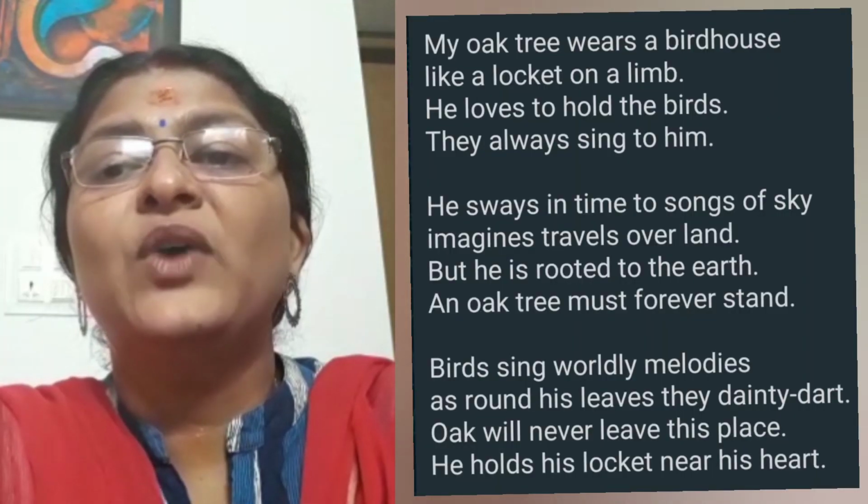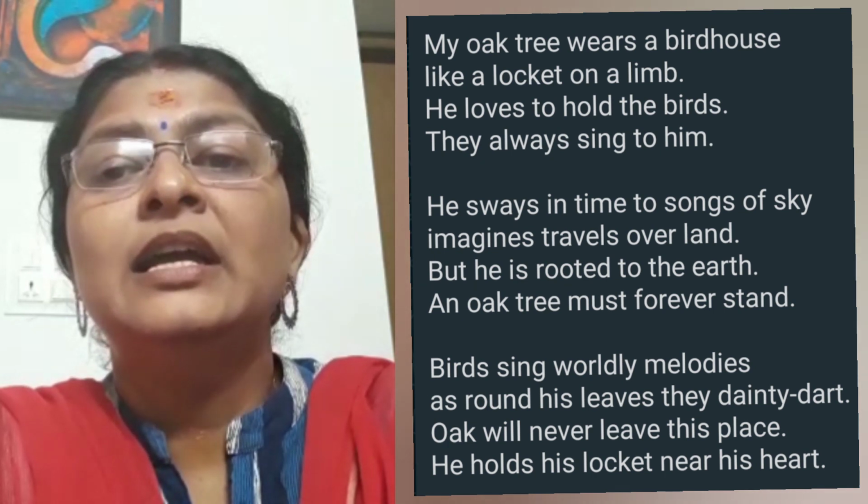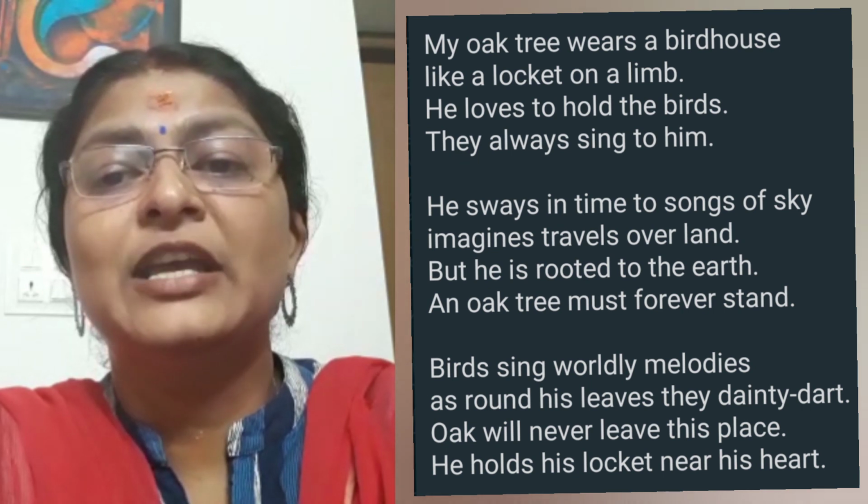Okay, so the name of the poem is Locket, and here is how it goes. My oak tree wears a bird house like a locket on a limb. He loves to hold the birds, they always sing to him.